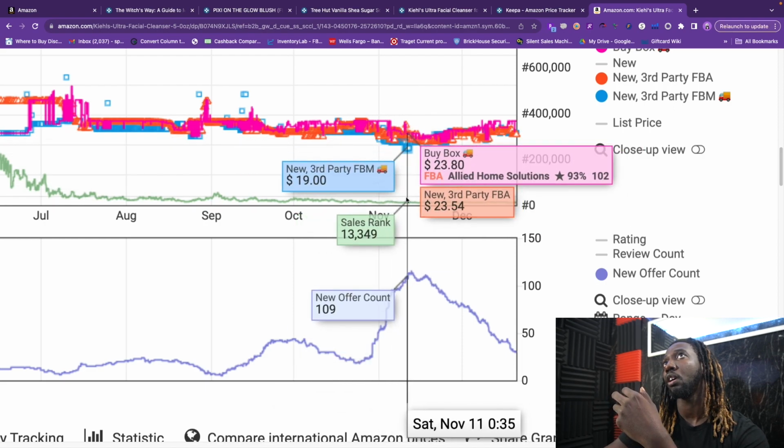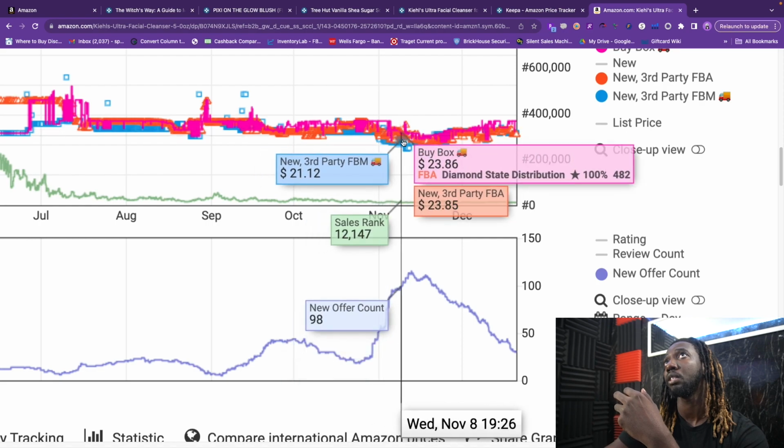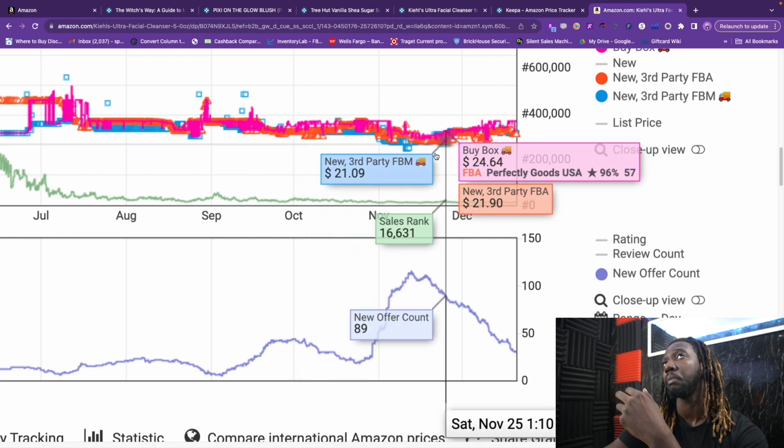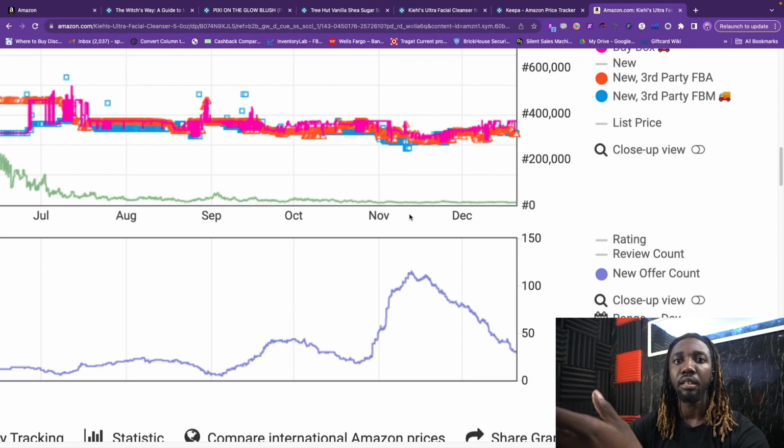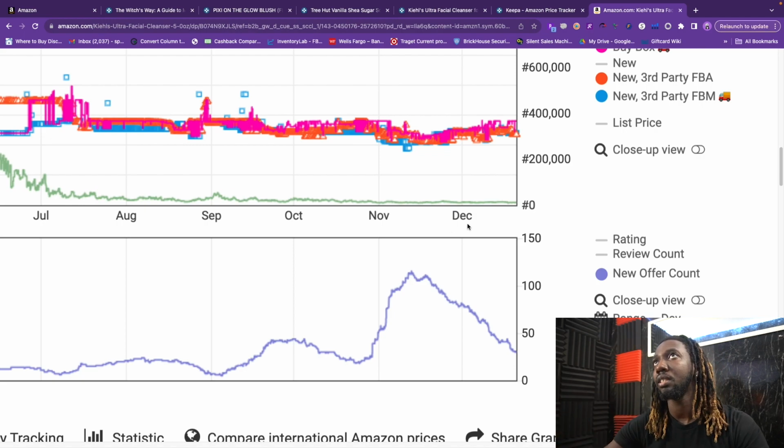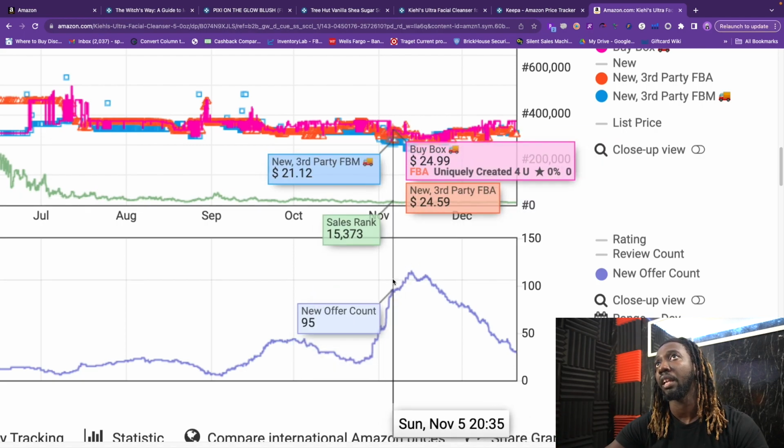If this was a slower selling product, trust me, this dip right here would be a lot deeper, because with fewer sales and a lot of competition, everyone's trying to get a sale. Everyone's going to keep dropping their prices to get a sale, and then you're going to have this whole price war. So it's good to be on high volume listings if there's a lot of competition.